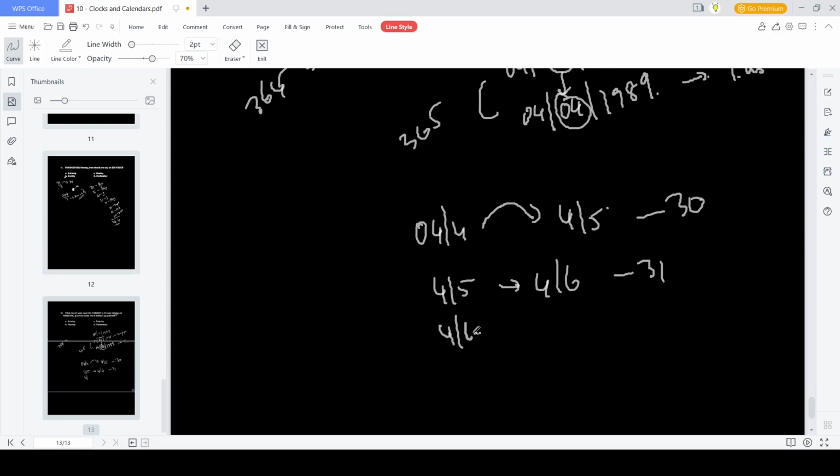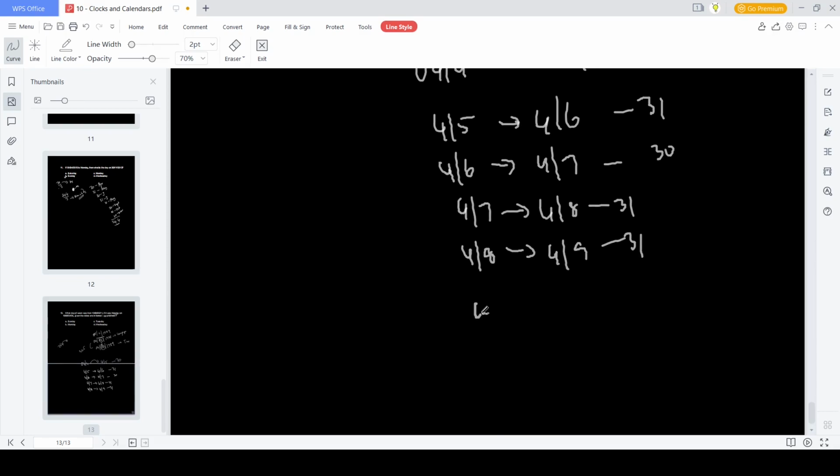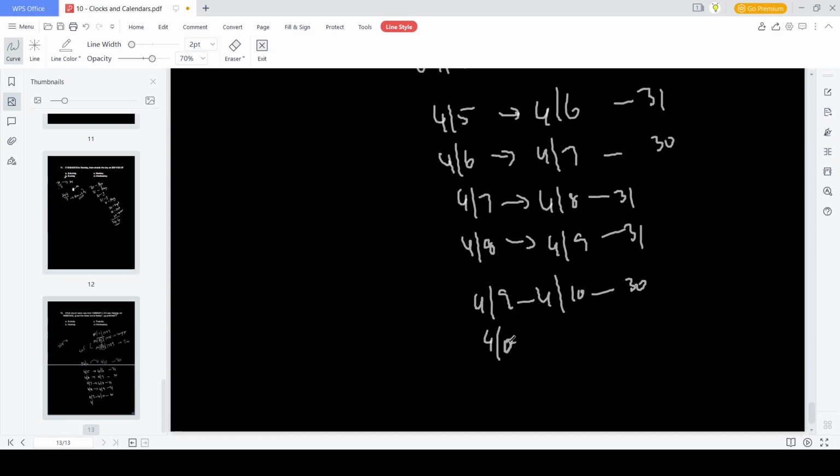From 4th of June to 4th of July, we'll have 30 days because June has 30 days. From 4th of July to 4th of August, 31 days. From 4th of August to 4th of September, again 31 days. From 4th of September to 4th of October, 30 days. And from 4th of October to 4th of November, 31 days.